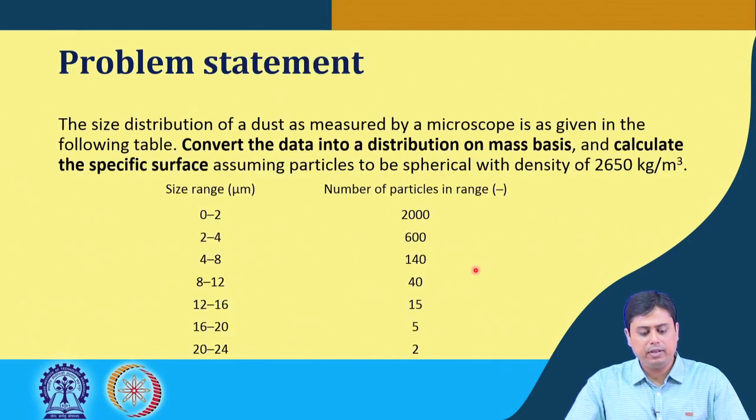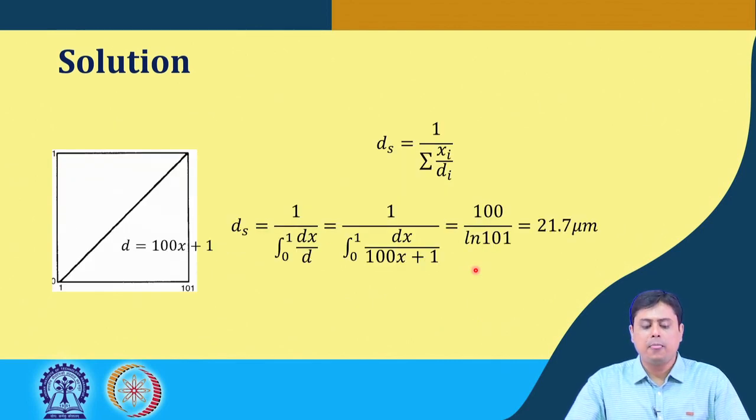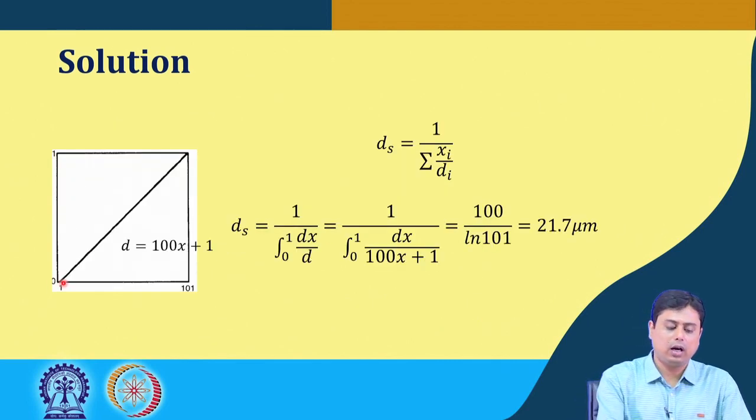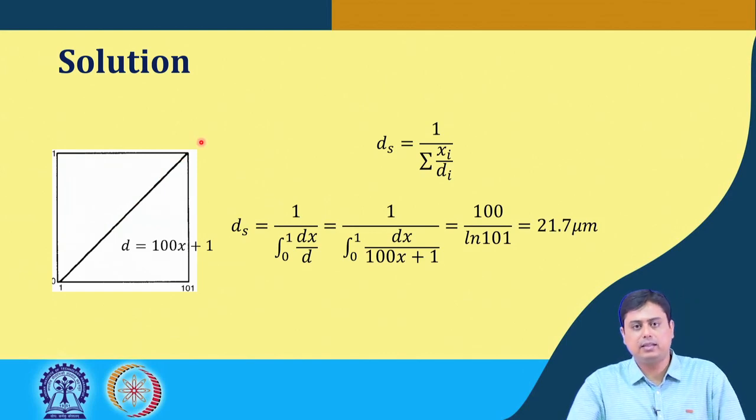And in the previous problem we have seen that if a continuous curve or any size distribution function is known, how do you calculate any mean diameter? Here we have calculated the surface mean diameter.